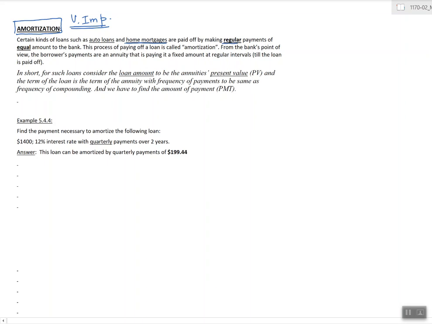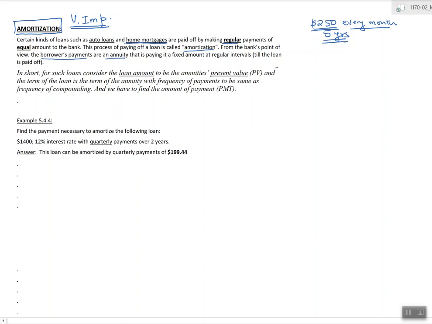So for example, if you have an auto loan, you could be making a payment of $250 every month for 5 years. So it's the same amount for a fixed number of years and regularly made every month. This process of paying off a loan is called amortization. From the bank's point of view, the borrower's payments are an annuity that is paying it a fixed amount at regular intervals till the loan is paid off.